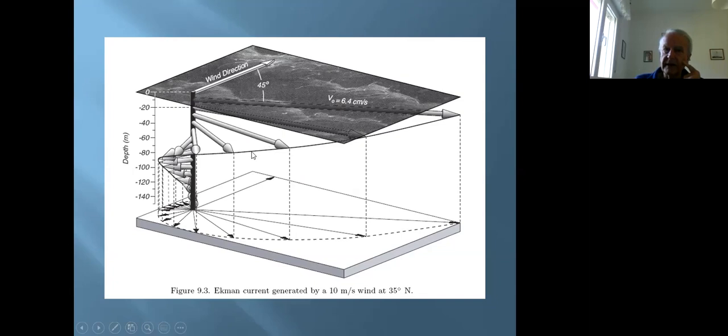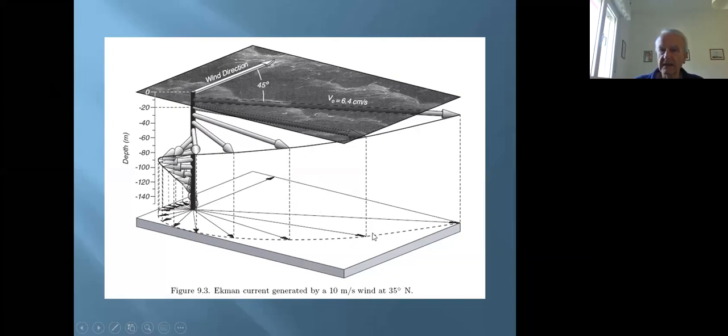When we go deeper and deeper, what is happening? The magnitude of these vectors reduces exponentially, becoming smaller and smaller as an exponent of z, and these are the projection of the horizontal current speed.